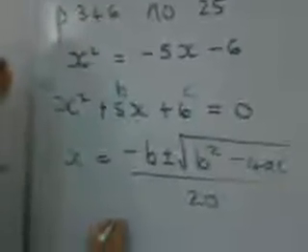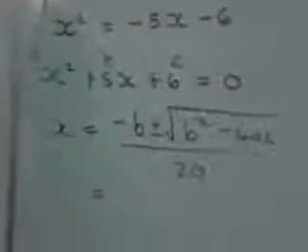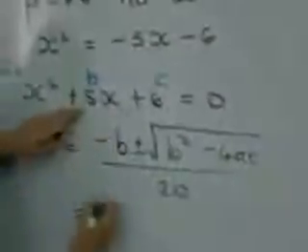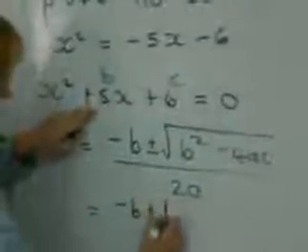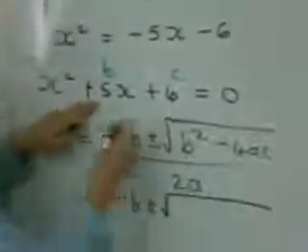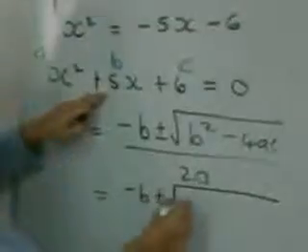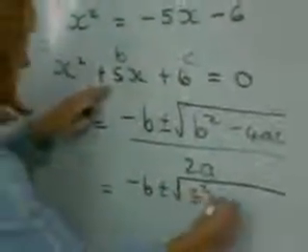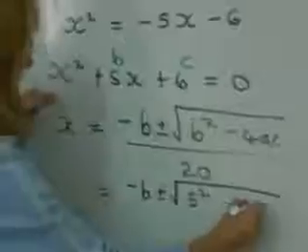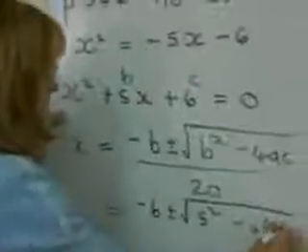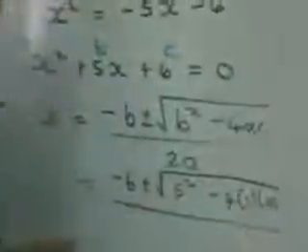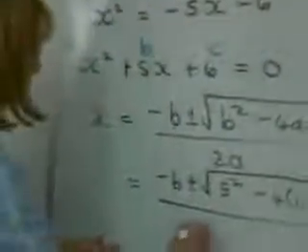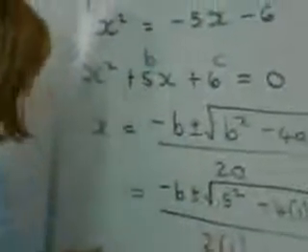So, plug that in, and b is minus 5 plus or minus the square root of b squared, which is 5 squared, minus 4 times a, which is 1, times c, which is 6. And then below the line, we have 2 times 1, because a is 1.